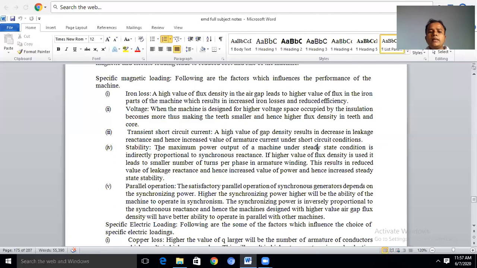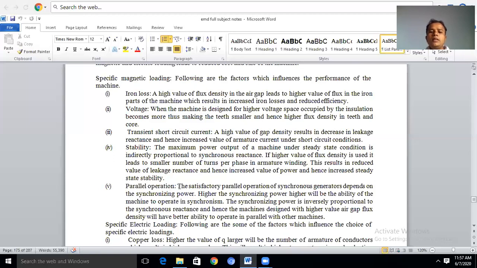Stability comes into the picture in a synchronous motor because it is in synchronization with the other system.